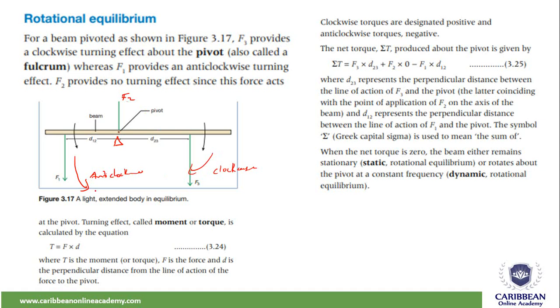Good. Now moment is simply what we refer to as the torque, right? And this is calculated as the force times the perpendicular distance away from the pivot. That is the distance from the pivot that is perpendicular to the force, which means it must form a right angle between the two of them, and then we can find what the moment is.